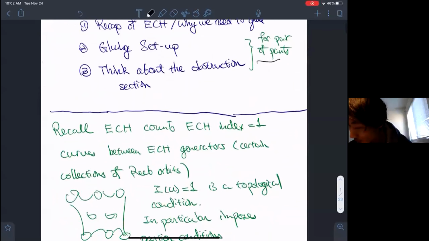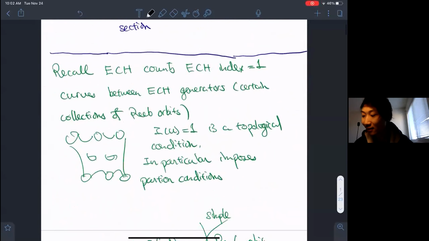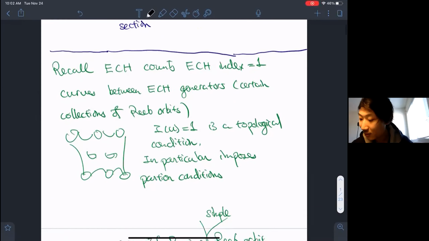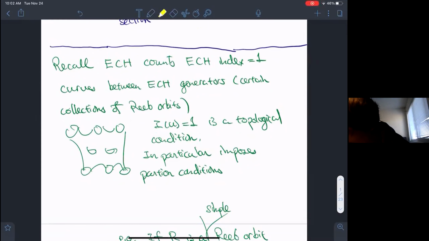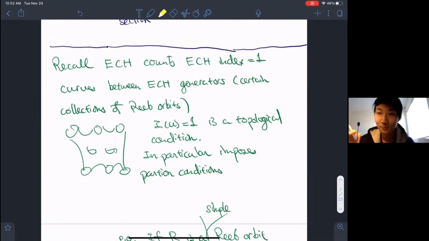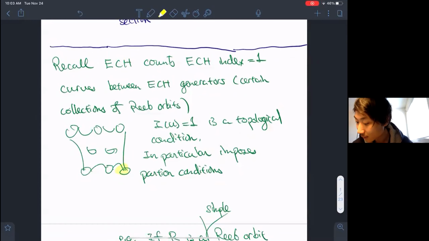So recall that ECH counts ECH index curves between ECH generators, which are collections of Reeb orbits. And the ECH index 1 condition is a topological condition. In particular, it will impose some partition conditions on the endpoints.